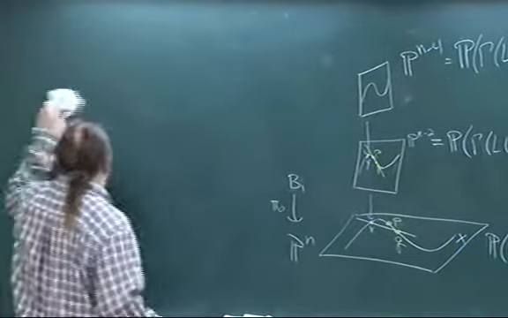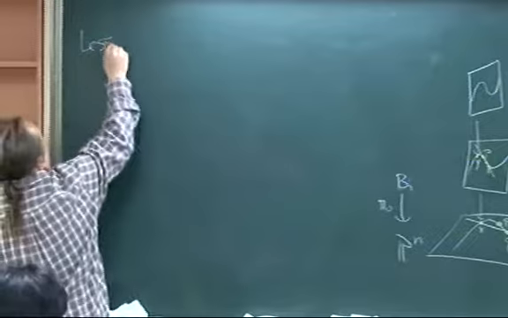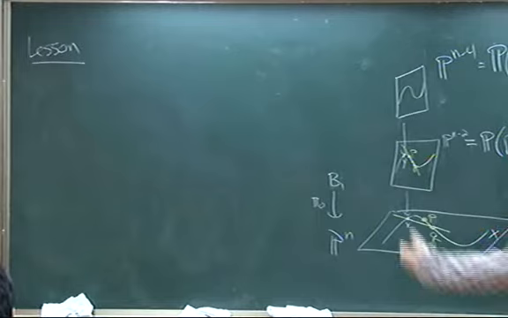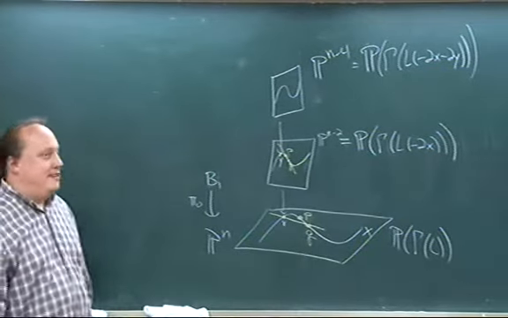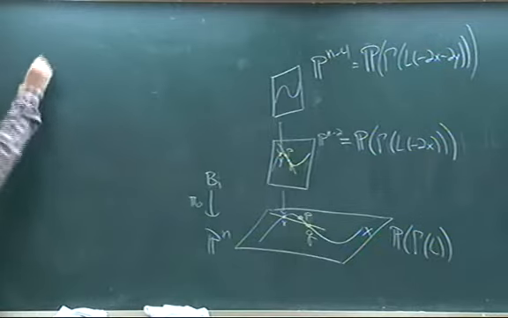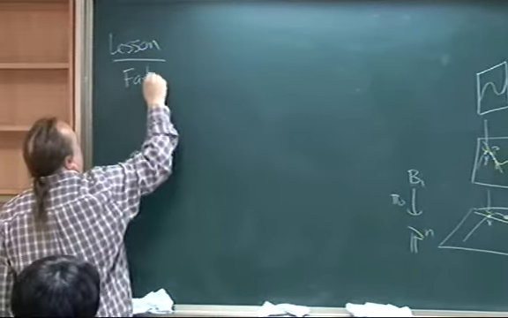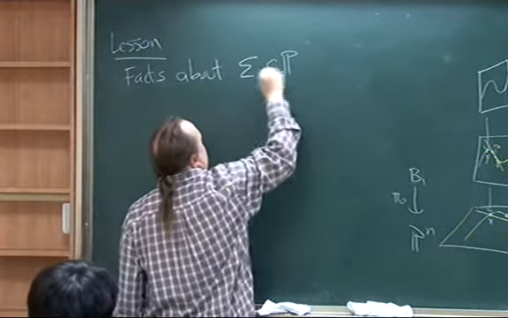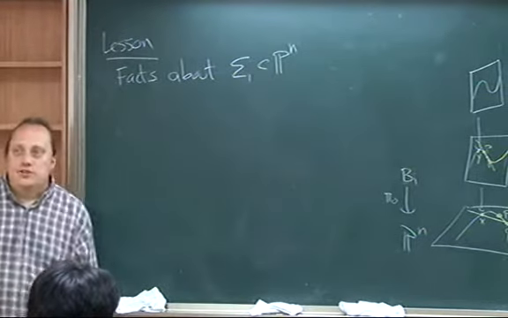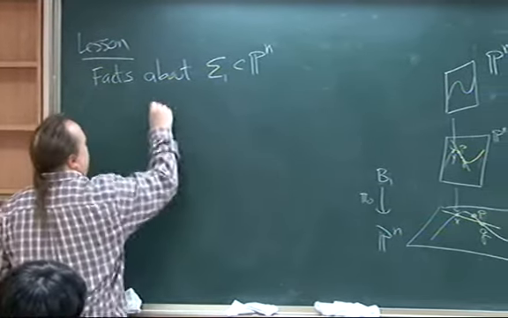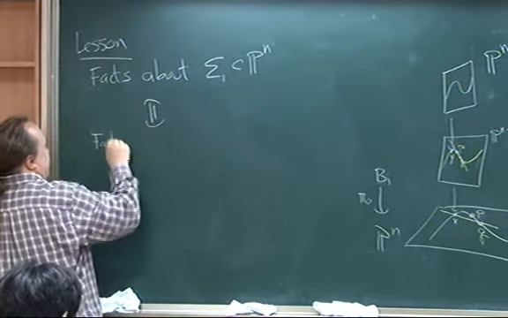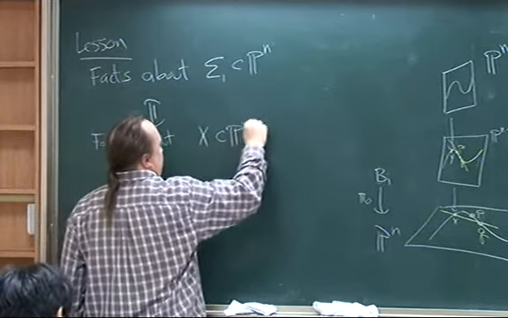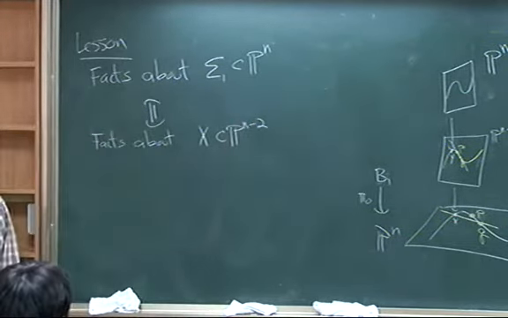So here's our first lesson. What this says is that when you look at the geometry, say in Pn minus 2, or maybe down in Pn, how do I want to say it? Facts about the secant variety in Pn should somehow be very closely related to facts about the variety 2 dimensions lower.